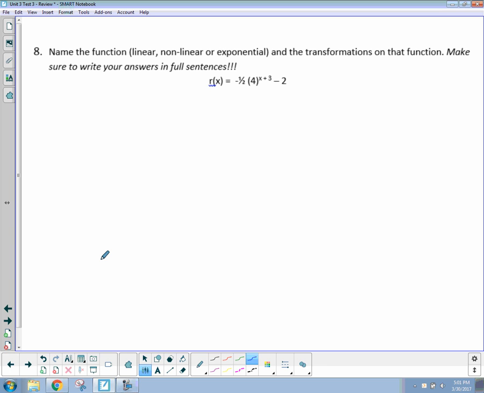Well, I guess we're going to write the transformations. I think I had this backwards, but that's okay. Let's write it out.